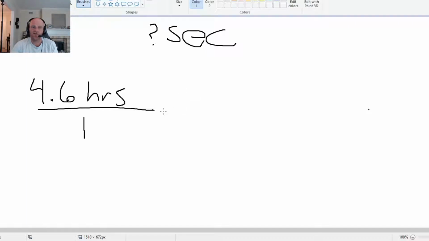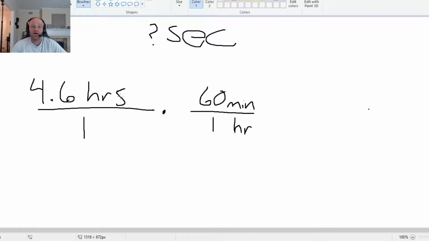I'm going to multiply 4.6 hours times the equality for the hour, 1 hour, which is 60 minutes. We call that an equality, right? 60 minutes is equal to an hour.